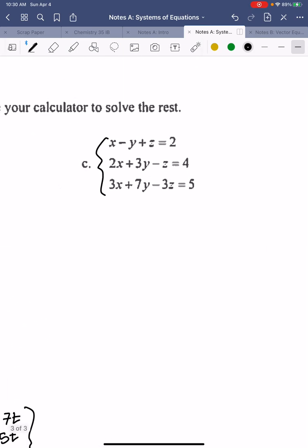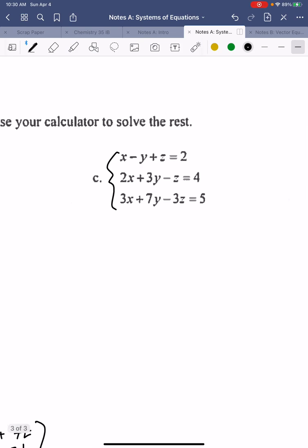Okay, so this one is a normal matrix, so we can convert that because it has 3 columns and 3 rows for variables and equations. That shouldn't be very difficult when converting to a matrix.